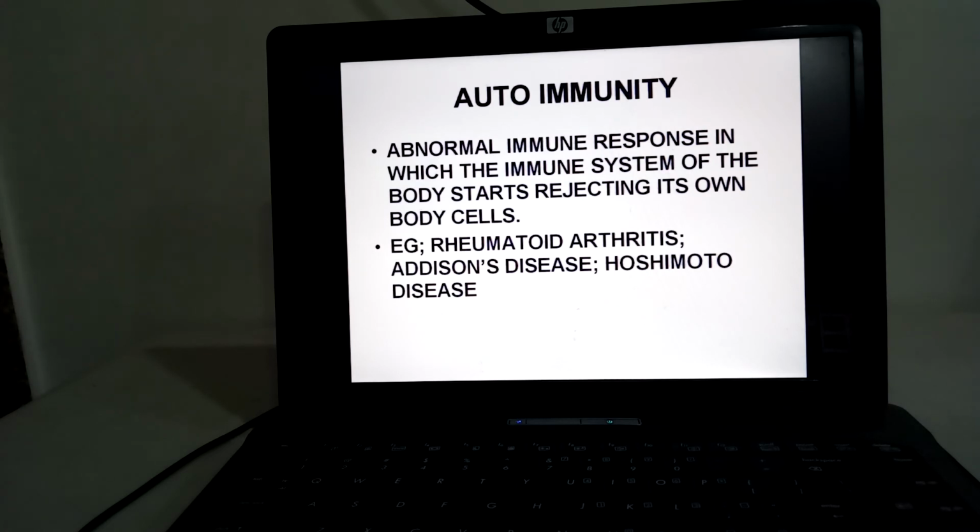So these diseases are bound to occur to human beings, but it depends upon how the immune system of a particular person will react. It might happen to one person, it might not happen to another person, because the immune system of that person has not rejected that person.